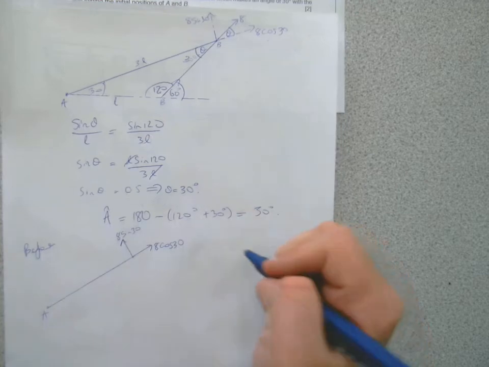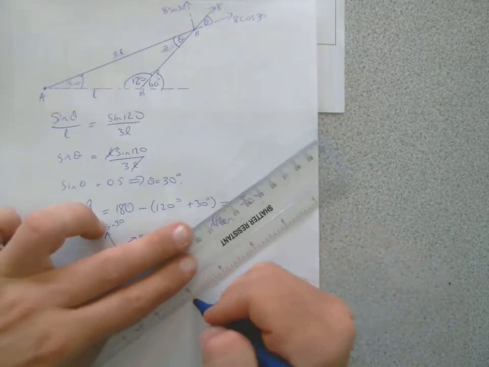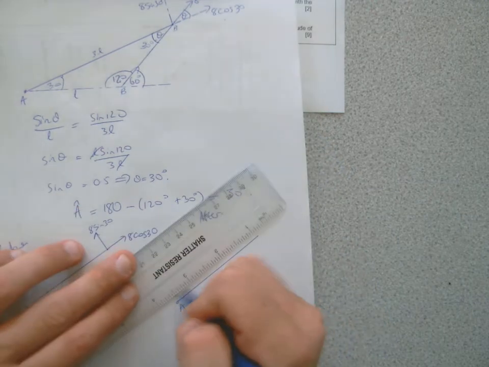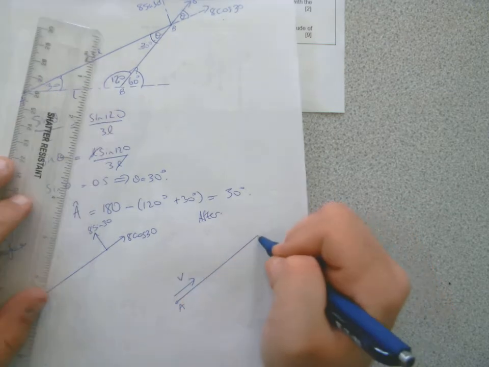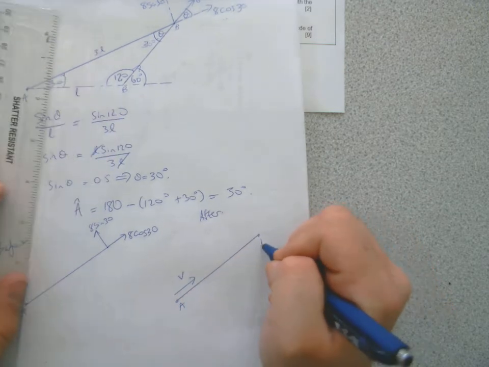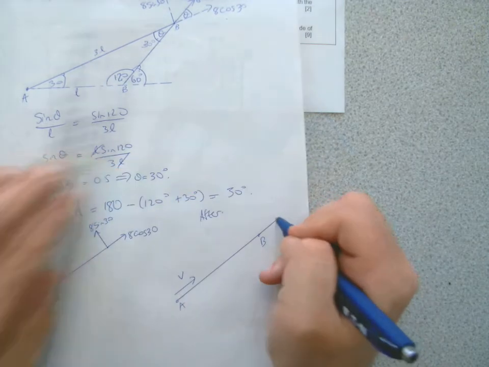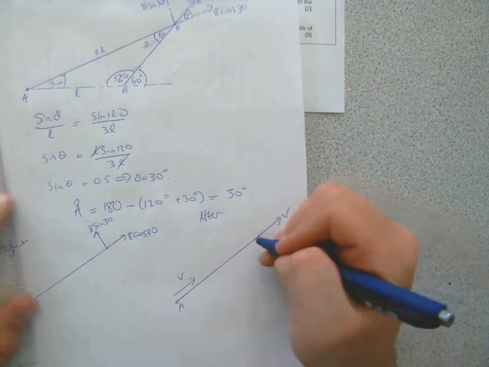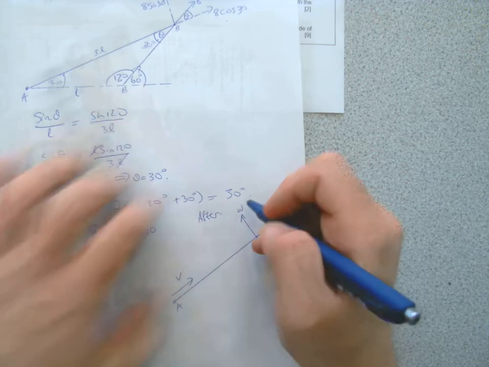After, A will be moving along with that speed, which we'll call V, because it'll go along the string. B will, as a result of the jerk of the string, change speed. So we'll have V going that way, and W going perpendicular to it.